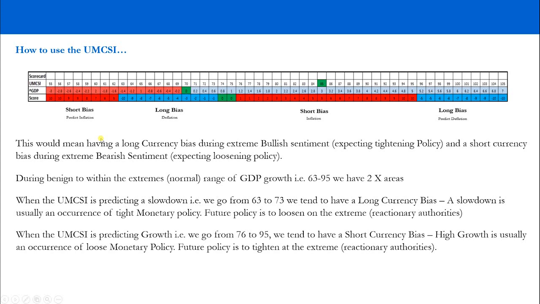So what about when we look in the range that's within the extremes? So we're looking at the range from 63 up to 95. Well, let's start with the first section, which is when the UMCSI is predicting a slowdown. So we go from this section here, 63 to 73.